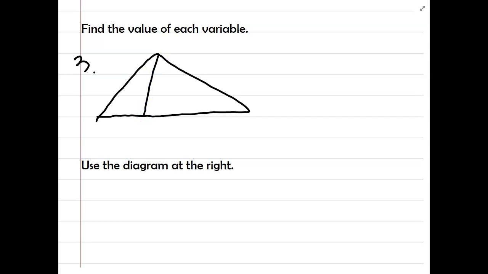Let's label the triangle. A, B, with the right being C, and then that point in the middle there is going to be D. Once again, I'm going to remind you, you cannot assume anything is congruent. You cannot assume anything is a right angle, anything like that.